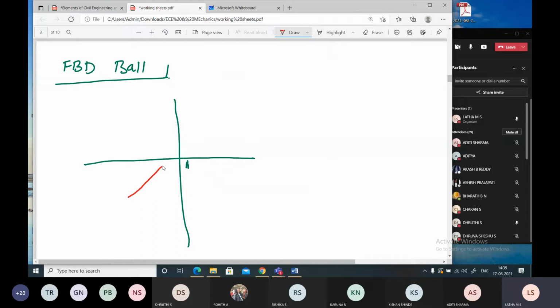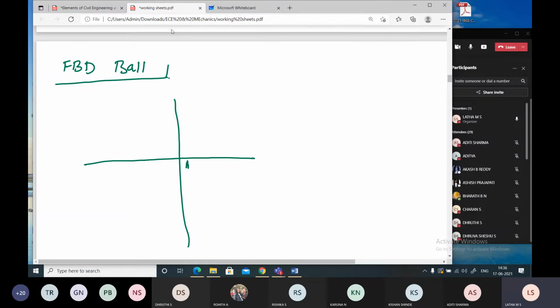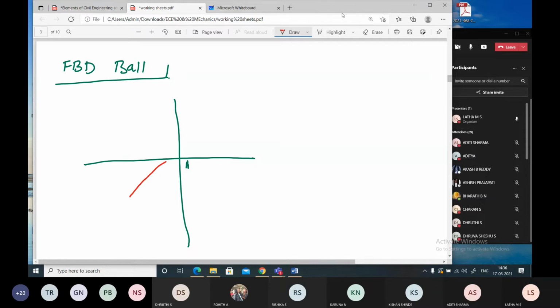Third. Any direction I'll take. Exactly, it is not meeting, I'll clear this, because on the whiteboard it is a little difficult to draw a straight line. I'll start from this origin.